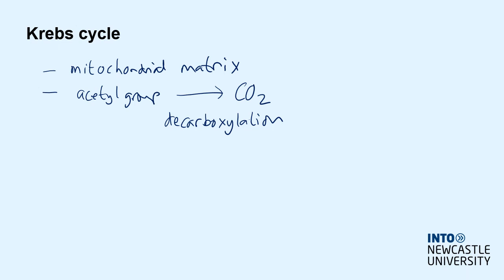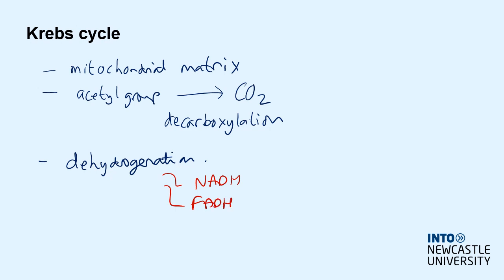In the process as well, we will do some more dehydrogenation, so removal of hydrogen, and that will be used to produce reduced NAD and also reduced FAD. Remember, we talked about those 2 molecules that are involved in these redox reactions here.